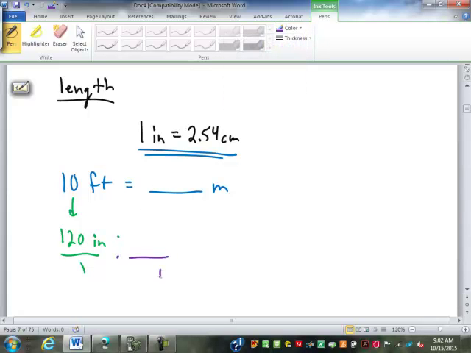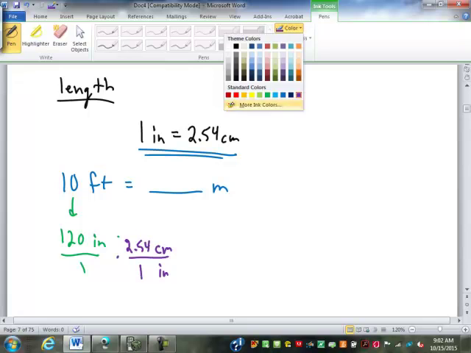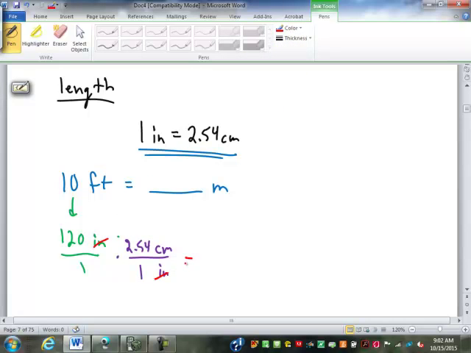Then I'm going to have inches on bottom so they cancel out, and centimeters on top. 1 inch is 2.54 centimeters. So that cancels, and I get 120 times 2.54, which is what? 304.8, something like that, centimeters. Does it look right?